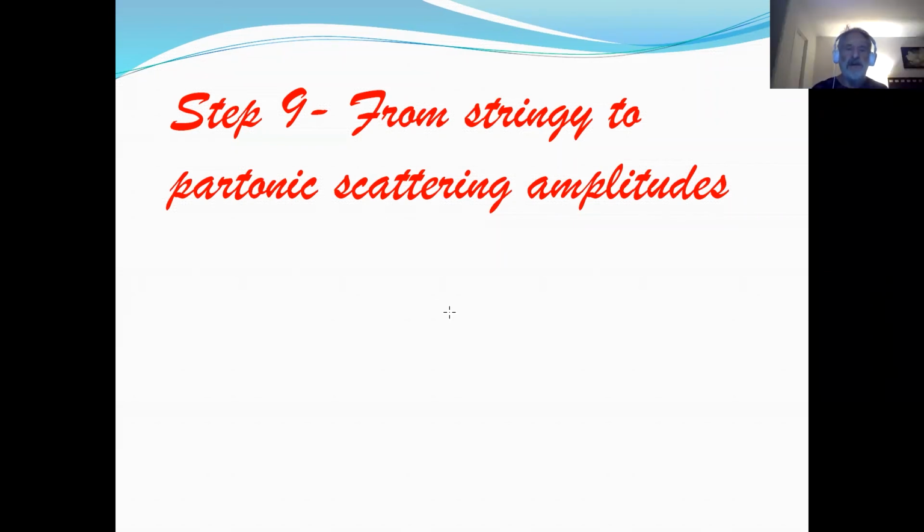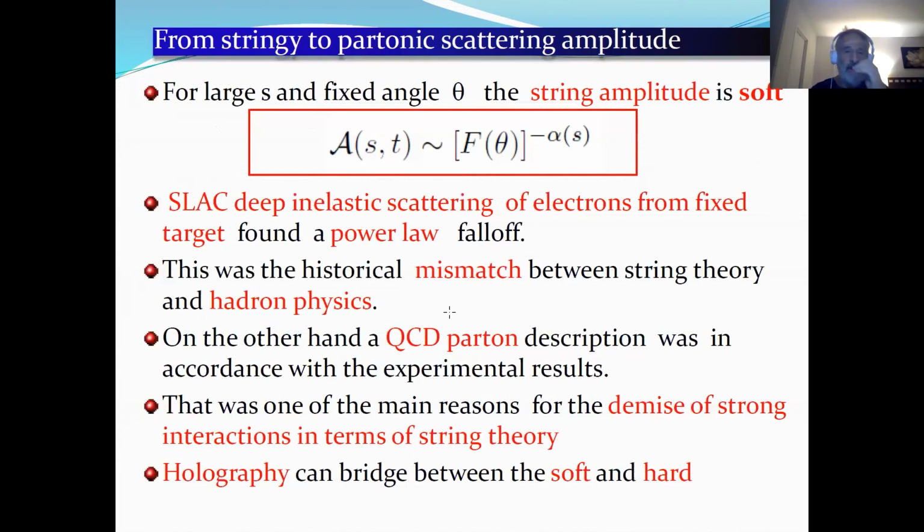Okay, so let me now describe something very different from what I discussed so far, but very important. It is important because this was the reason string theory was rejected from describing hadron physics in '68. There was this deep inelastic experiment.